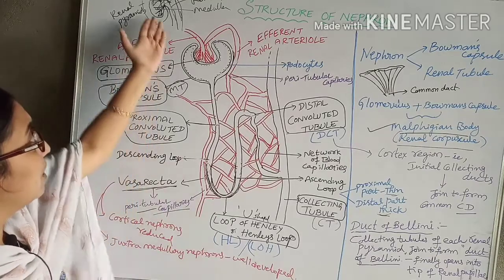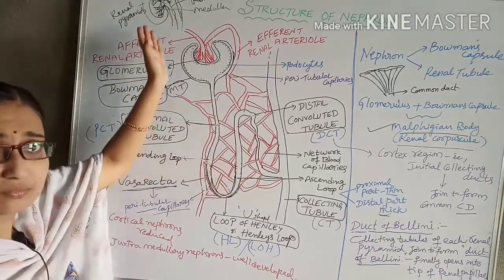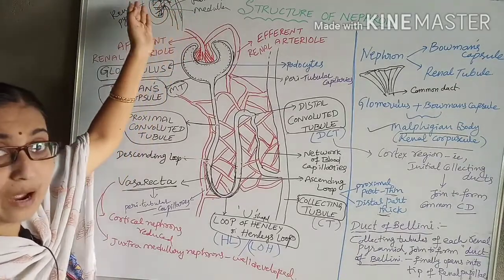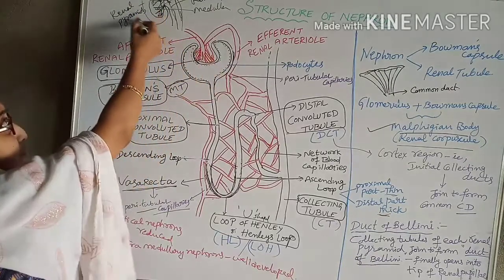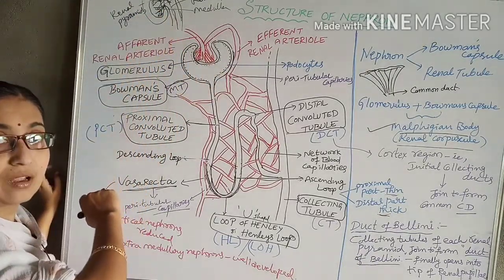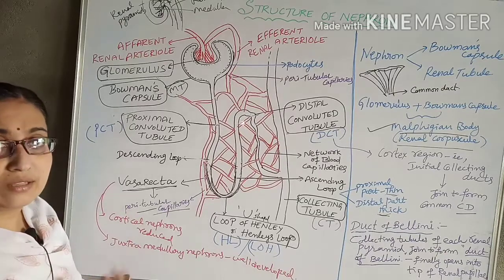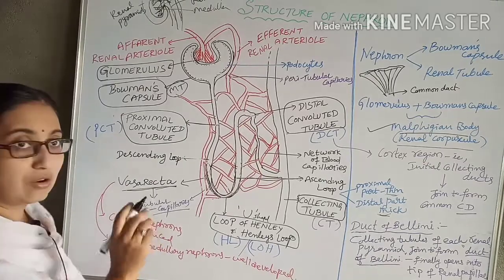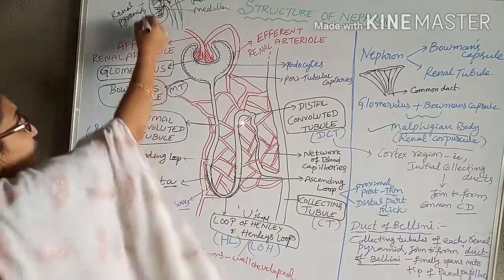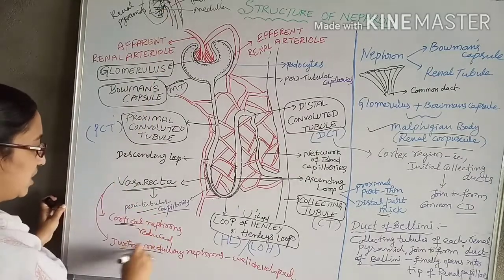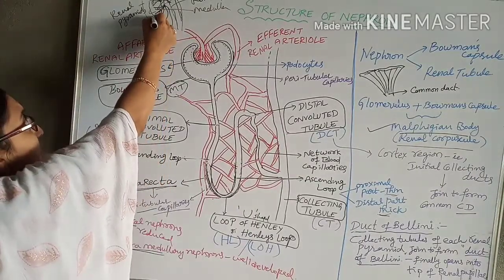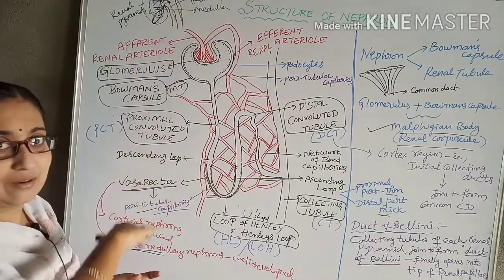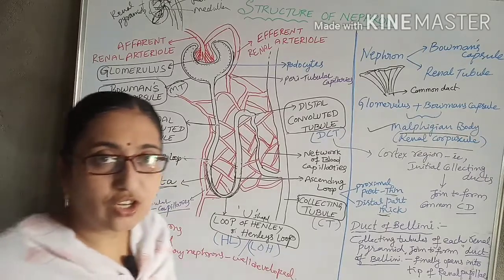Juxtamedullary kidney means the Henle's loop is long and extends very far. Okay, so this is about the structure of the nephron.